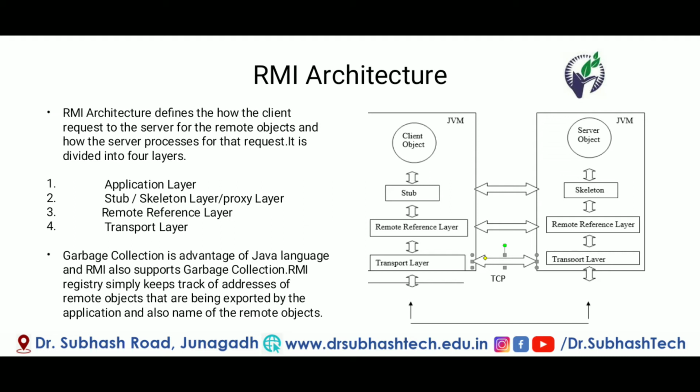The system is built like an architecture, and when data is transmitted, it is transferred from one layer to another, and each layer does its task, adds some information, and fulfills its role. This is done by the RMI architecture.